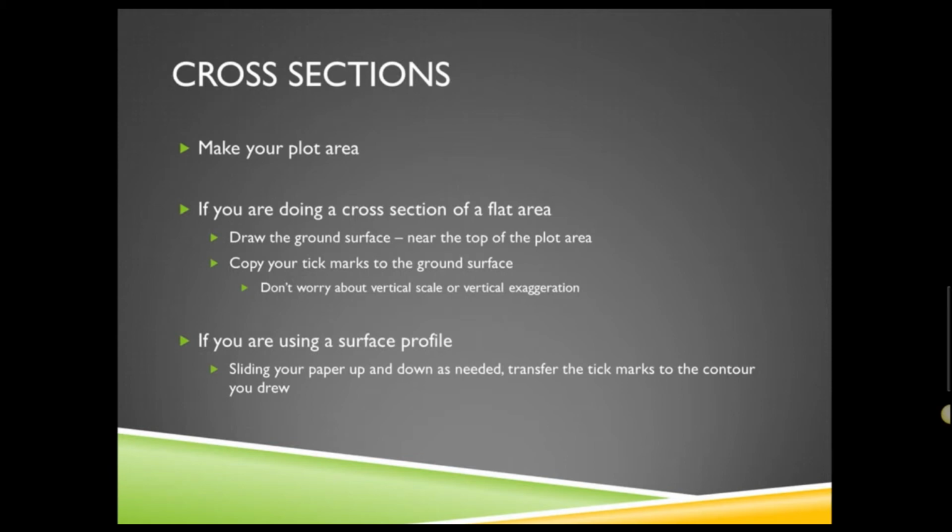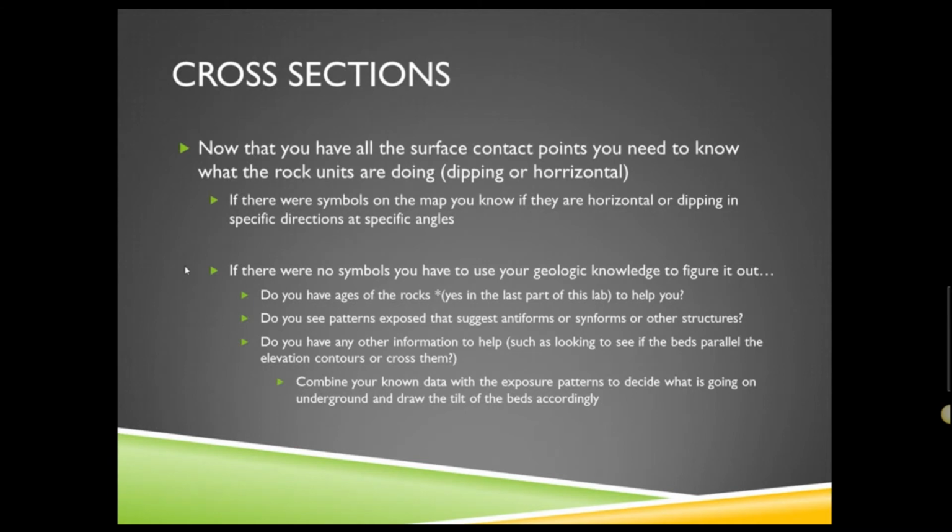You'll make your dotted line and create your profile before you go in and add your geologic beds. Now, again, the video that's coming up shortly, embedded in this video, will show you step by step how to do this. This is just the basic description.